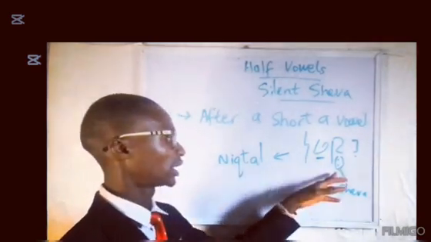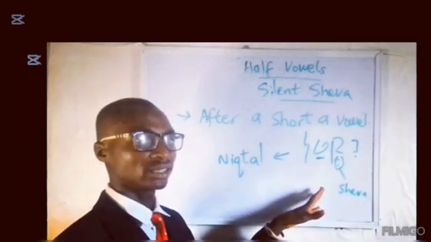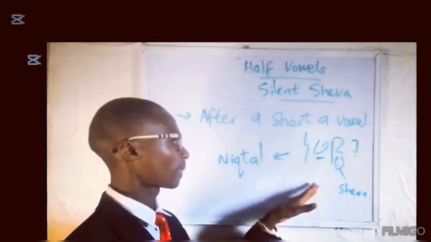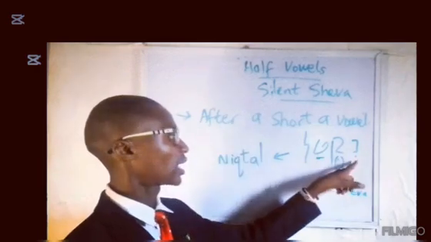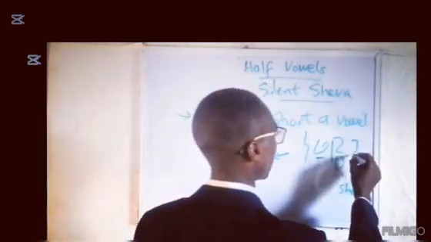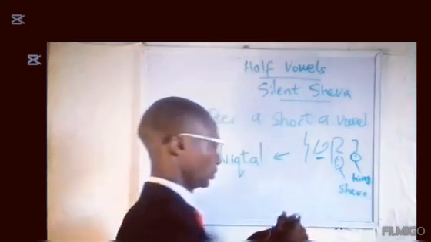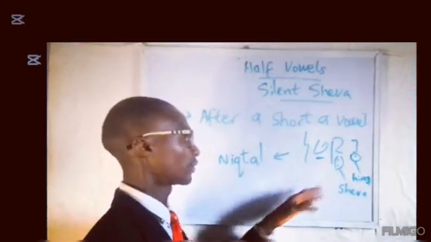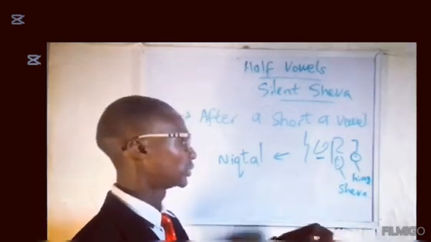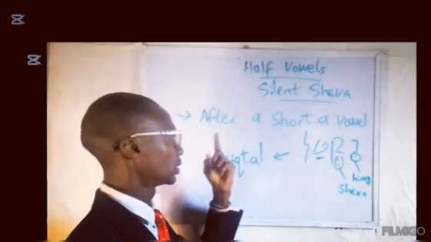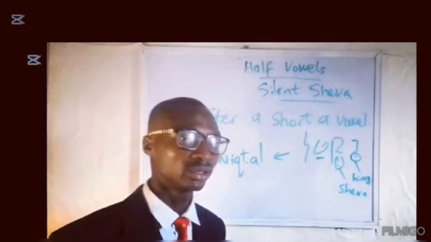We see that here the sheva is silent. When it appears after a short vowel, the sheva is silent. These are the major parameters to note.